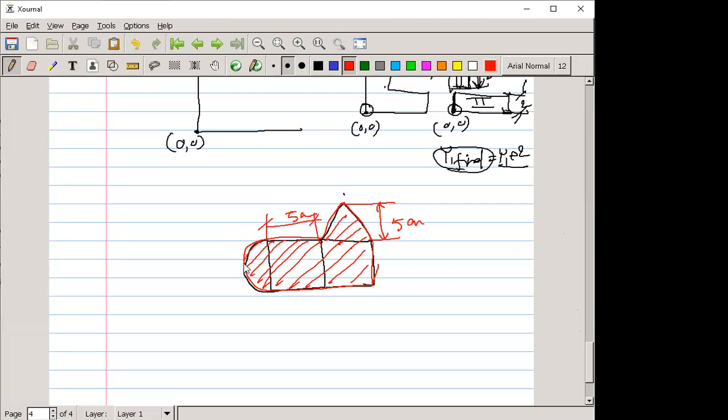If it is 5, then take this radius as 2.5. If it is 2.5, then this total is how much? This is also 5. So 5, 5, 2.5, this is 12.5, right? So 12.5, and this portion also 5. Now clear, right?